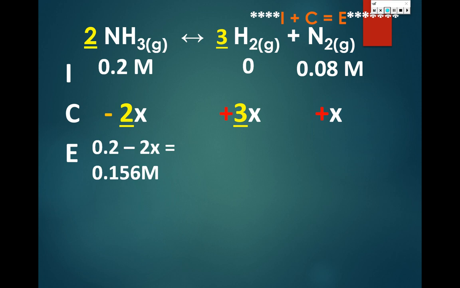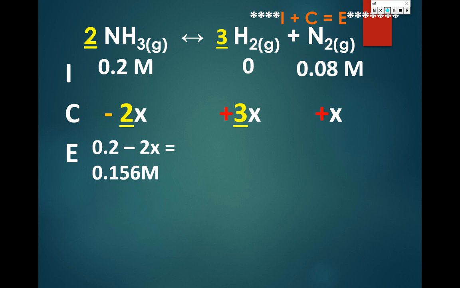So I plus C equals E. Yes. And that has to do with stoichiometry, right? So then, we take into account the coefficients as well.